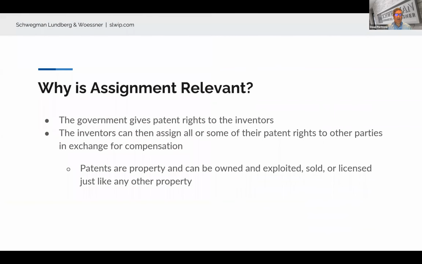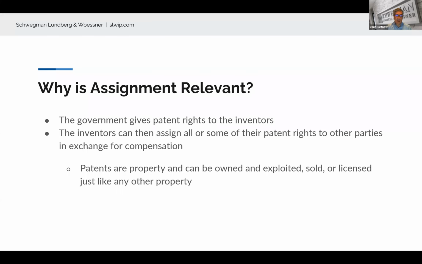So why is this all relevant? Okay, so the Constitution gives the US government the right to grant patents to inventors, right? So that's what Article 1, Section 8, Clause 8 states. And then inventors, they own something. They own the rights to their invention.